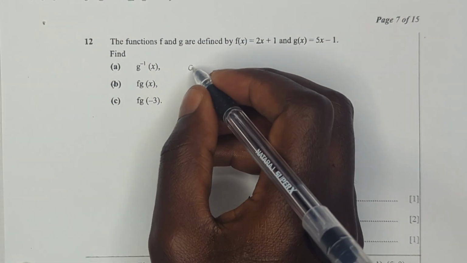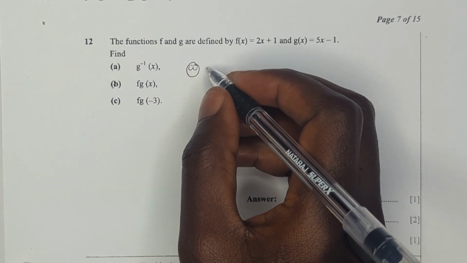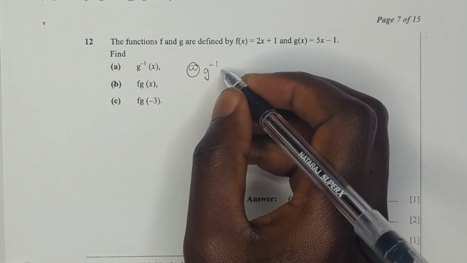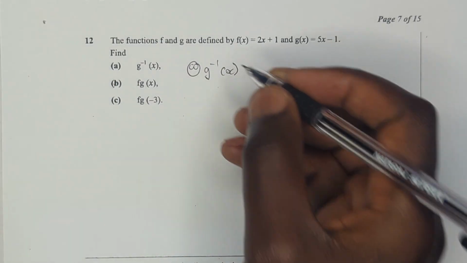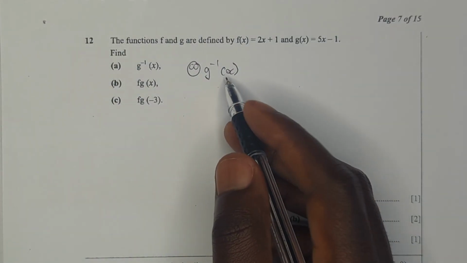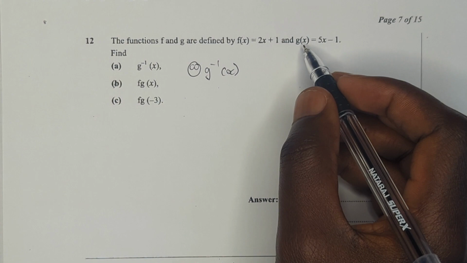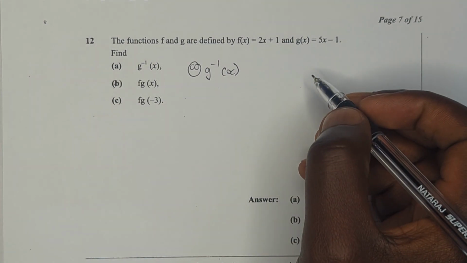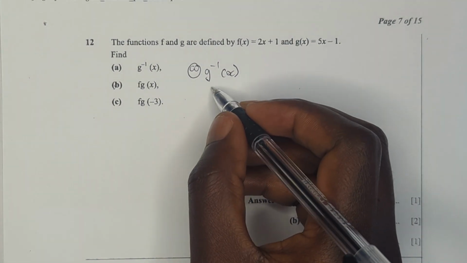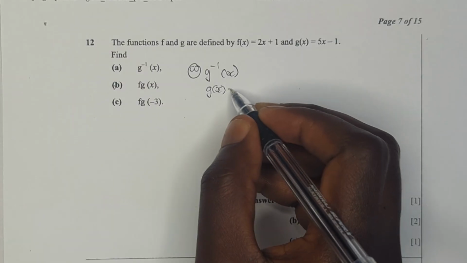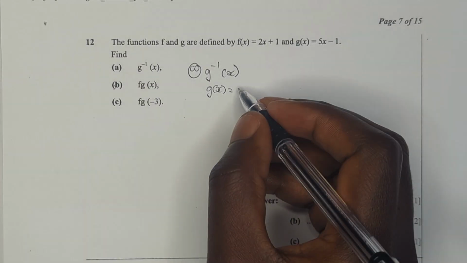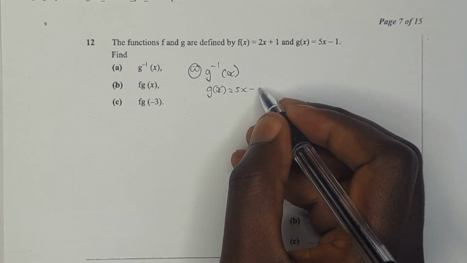So for number A, they want us to find the g inverse of x. To find g inverse of x, we are going to get the equation of g of x, which is 5x minus 1.